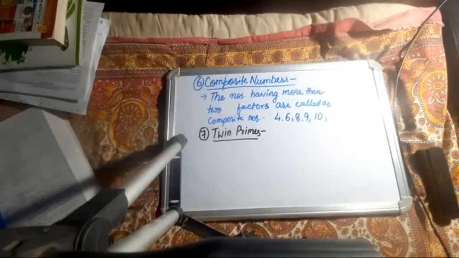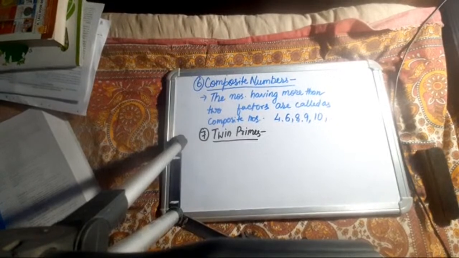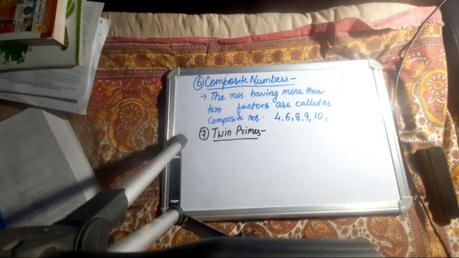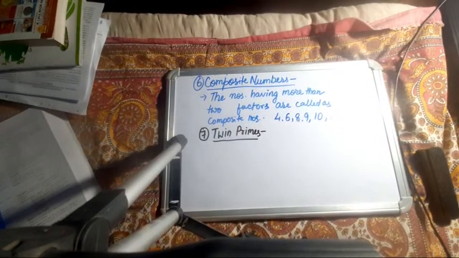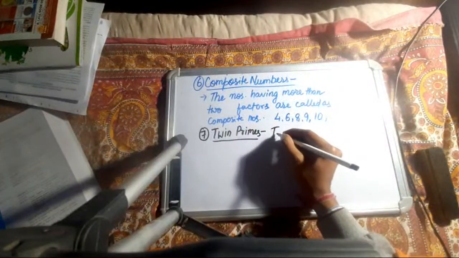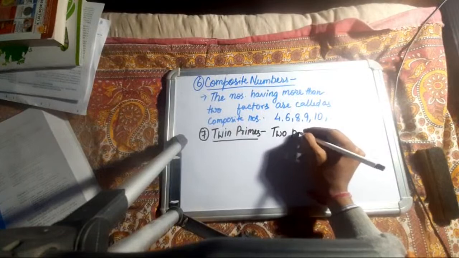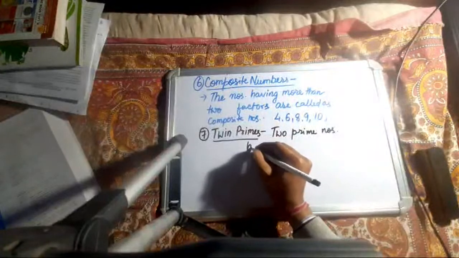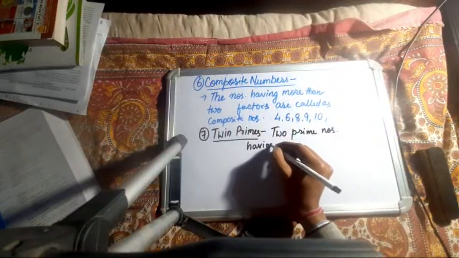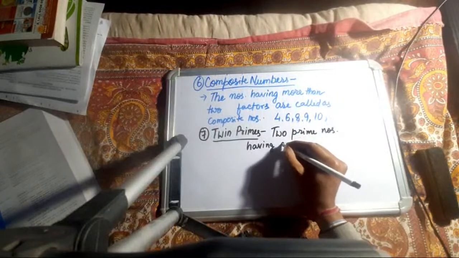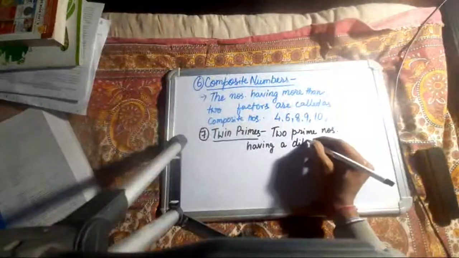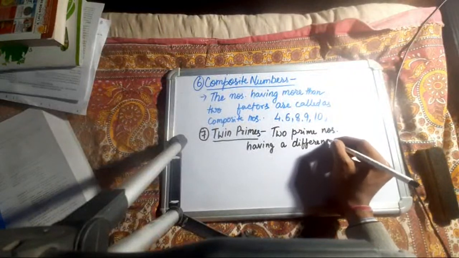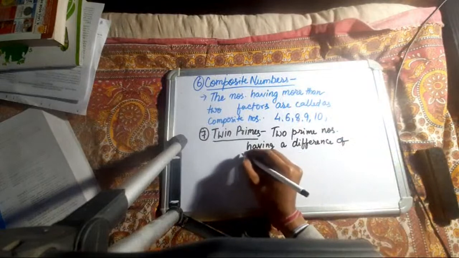As the name indicates, twin primes will definitely be prime numbers, but there is a certain relationship between these prime numbers, that is, two prime numbers having a difference of 2.